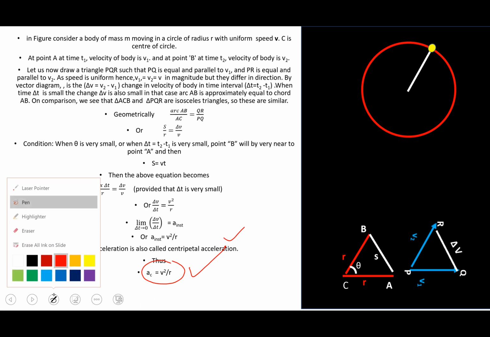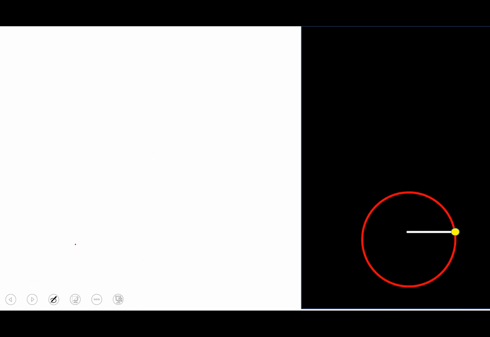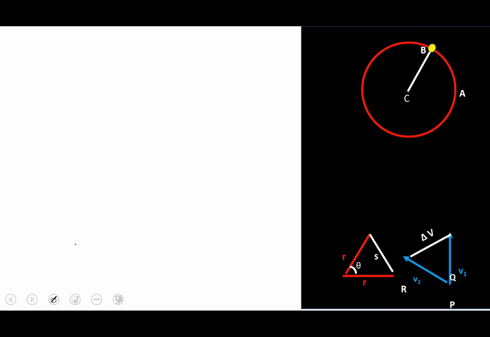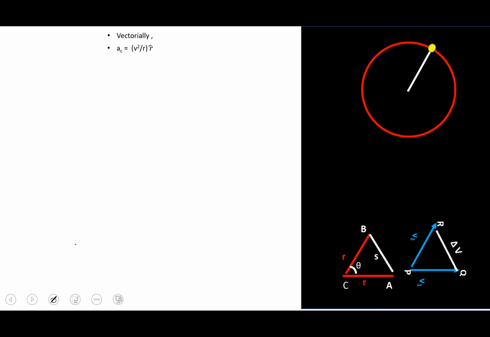Now, what about the force in this case? For this, let us revise what we have done. We have basically made two triangles from which we have calculated the values of delta V over T, which turned out to be V square over R, and we called it AC, that means centripetal acceleration.